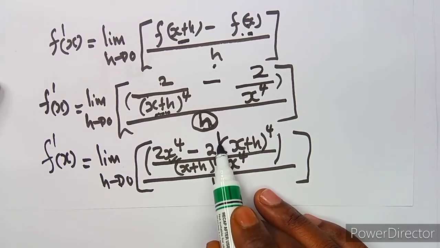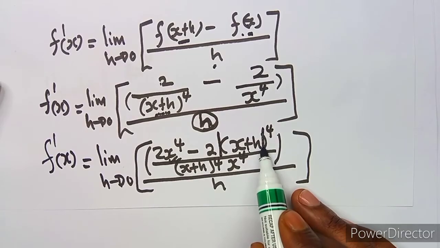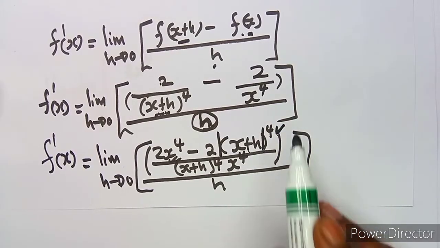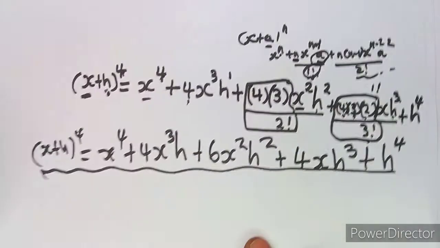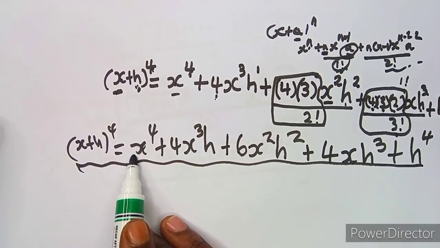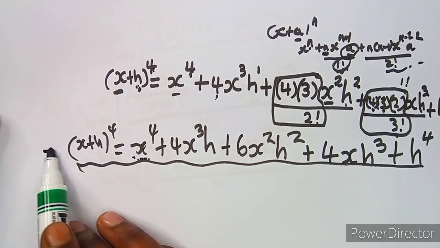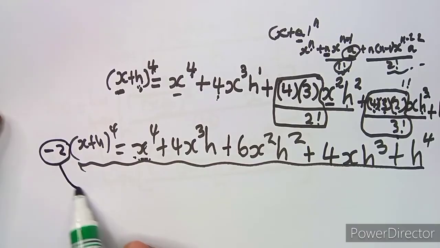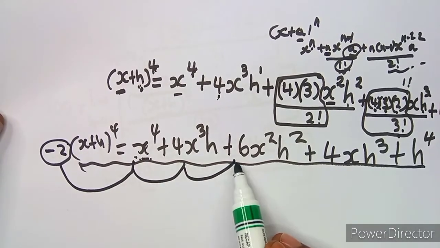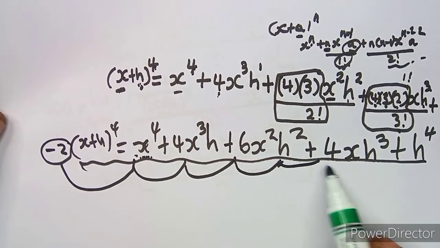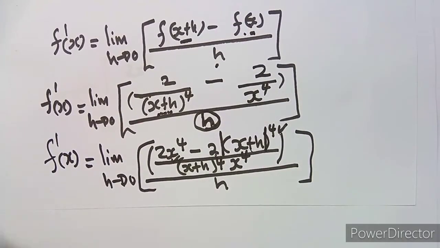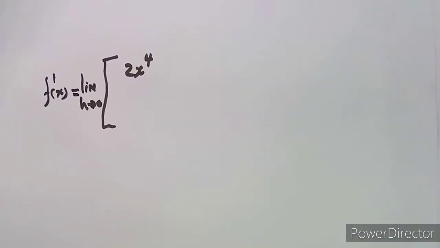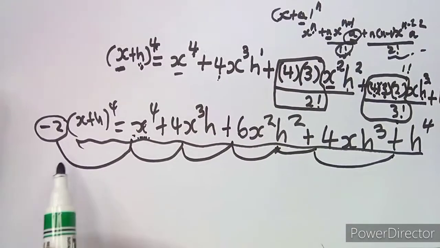This is (x plus h) to the exponent of 4, which is being multiplied by 2, and we have the value of this expansion, so everything here is going to be multiplied by minus 2. Minus 2 is going to affect each and every term, because it's outside of the bracket. I hope you understand this, guys. Okay, so let's just affect everything by minus 2.